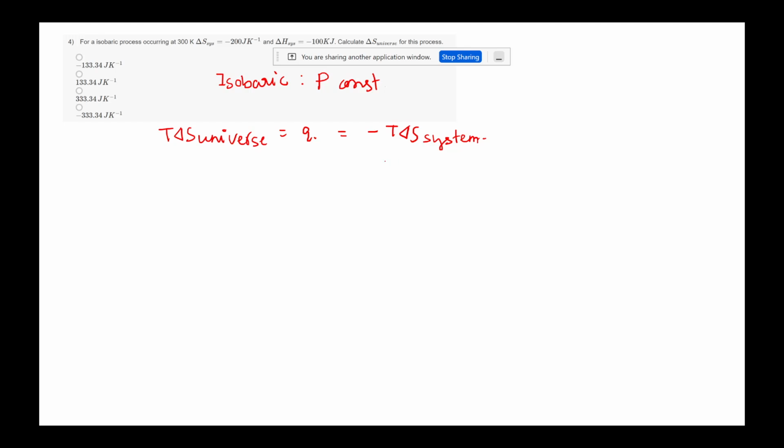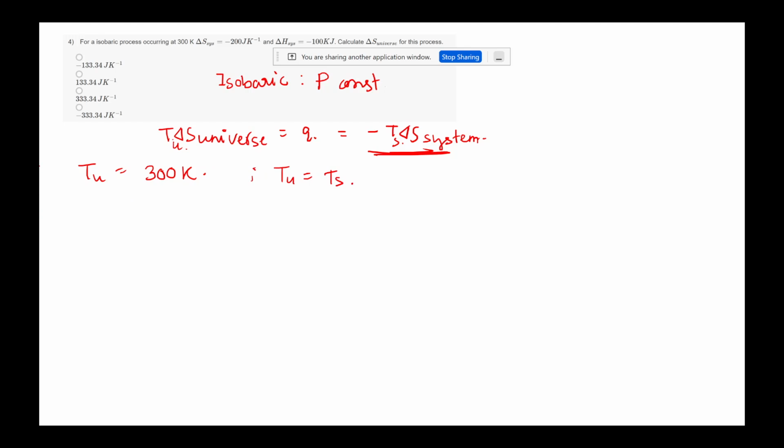Now we don't know the system temperature, but we know the universe temperature, or like the surroundings, that is 300 Kelvin. Now okay, sorry, here since it is thermal equilibrium, Tu is Ts.